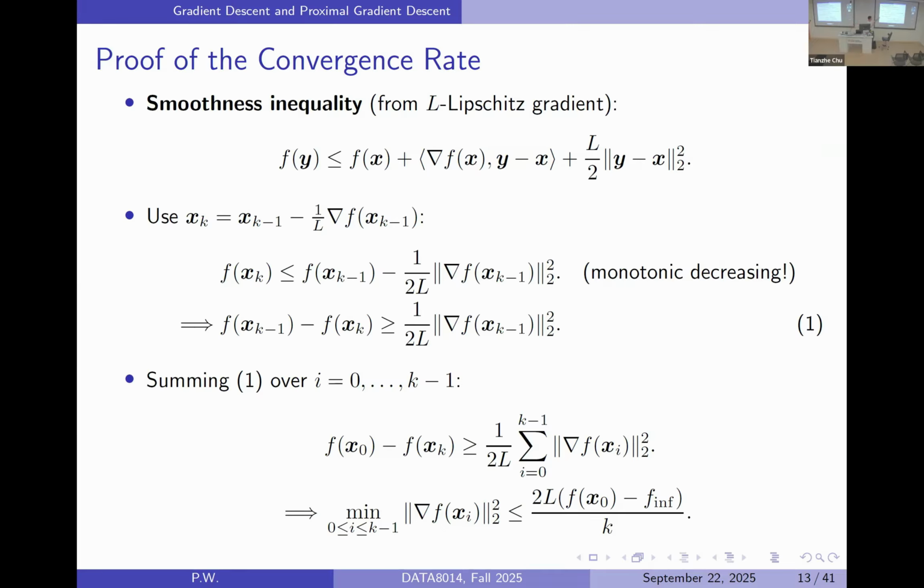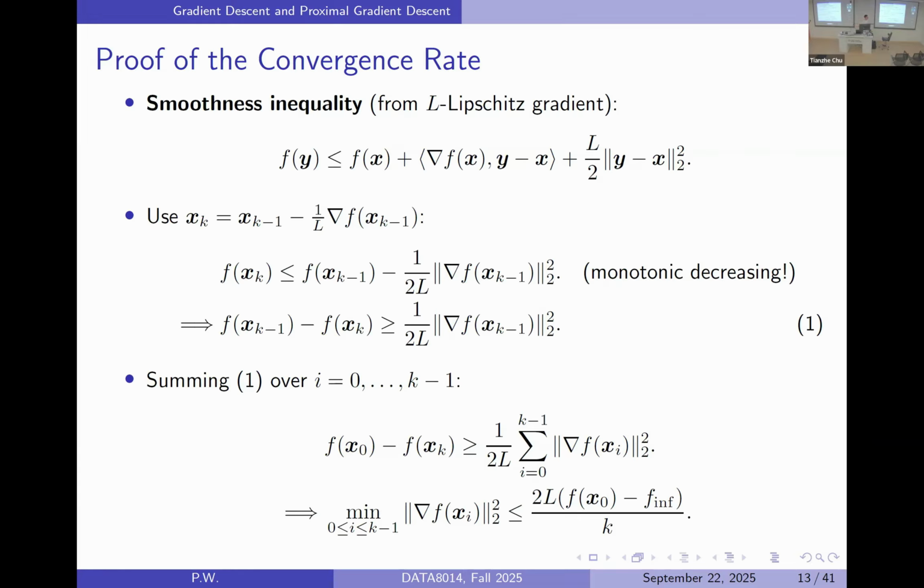Then we sum over all the iterates and get a telescoping sum. Then we can further get this: f(x_0) minus f(x_k) is larger than 1 over 2L times the summation of the gradient norm squared along all the iterates from i equals 0 to i equals k minus 1.